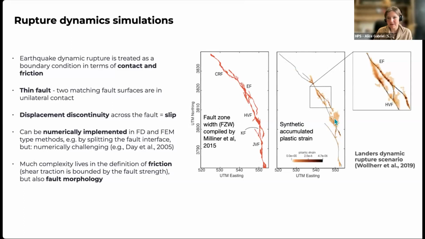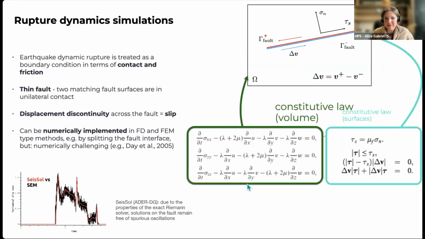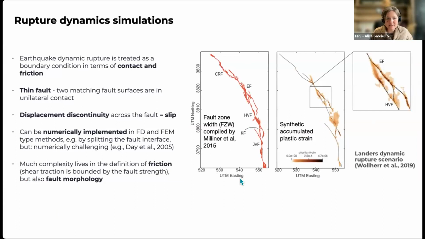These orange areas here are accumulated plastic deformation, and you can nicely compare this with fault zone width compiled from optical pixel correlation: high resolution pictures taken by satellites, compared before and after the earthquake and reprocessed just recently. What you can see is that there's a lot of damage in areas of complex fault geometries, right? If you have a fault bend, a step over, or faults intersecting, you're accumulating damage here. And we will see also in our examples that fault geometry can really add complexity to these models.